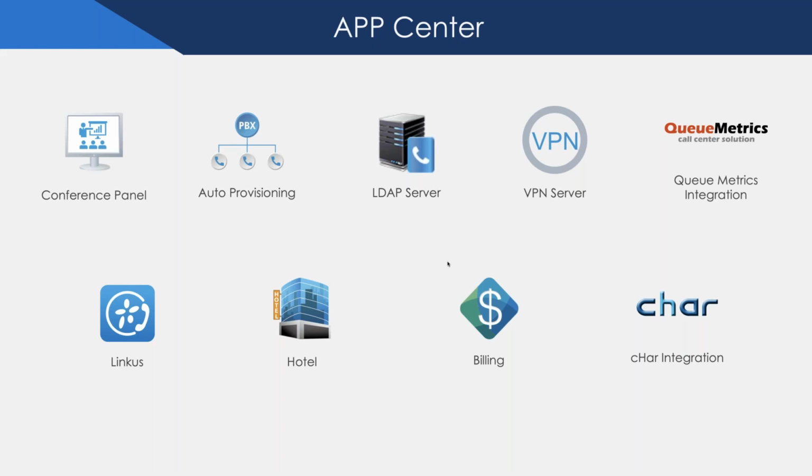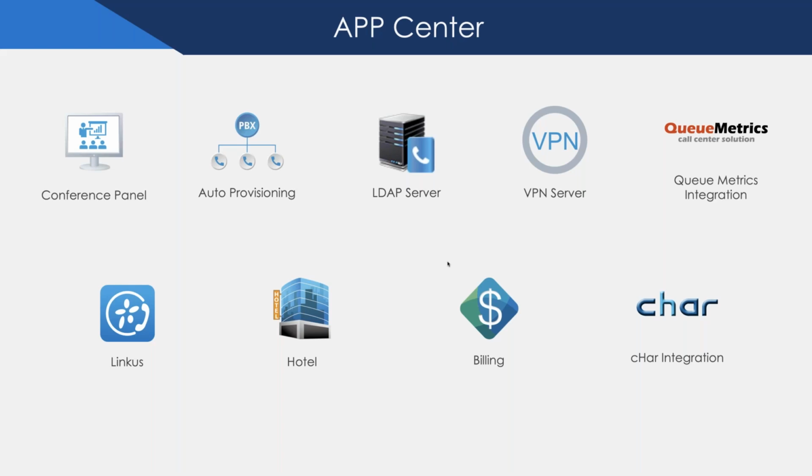This is very similar to your App Store, your Google Play on your mobile. Let's just think about it. On your mobile, if you use your App Store or Google Play, you basically use it for expansion of the functionalities of your mobile. So the App Center on the S-Series PBX can do the same thing. It helps us to expand the functionalities of our PBX.